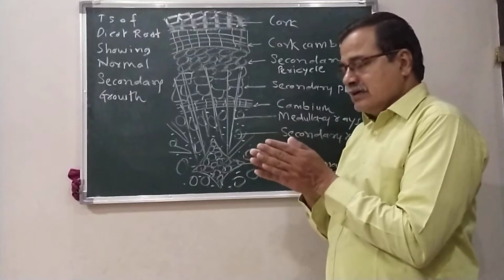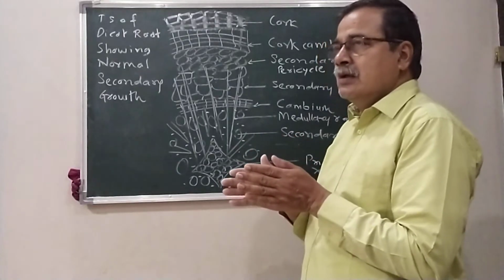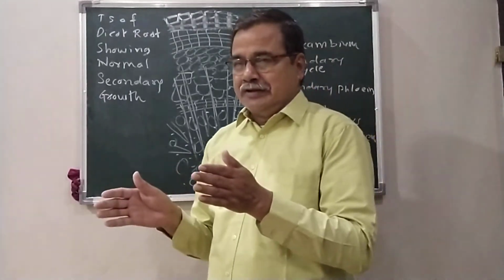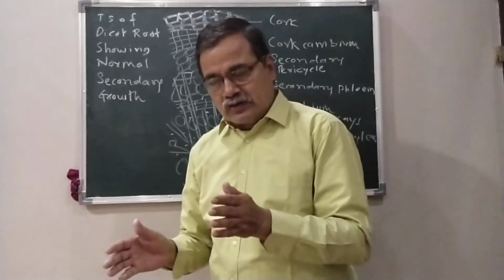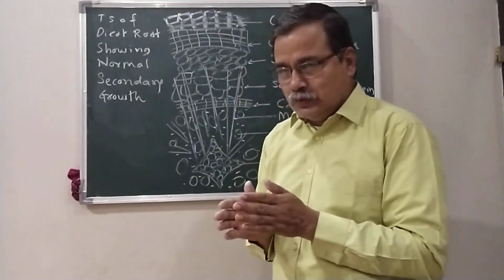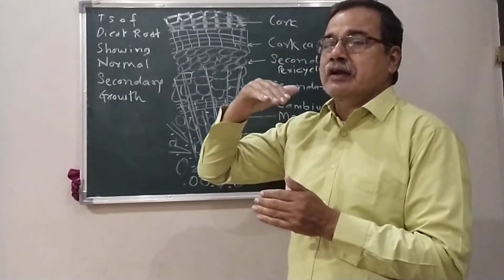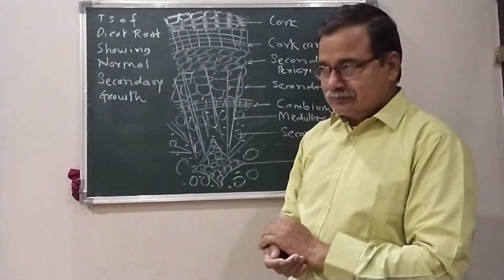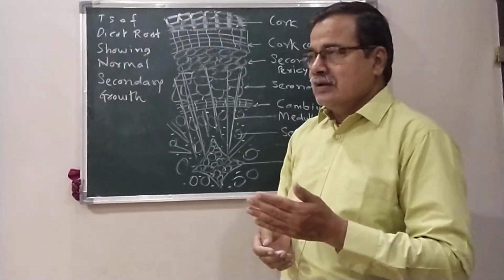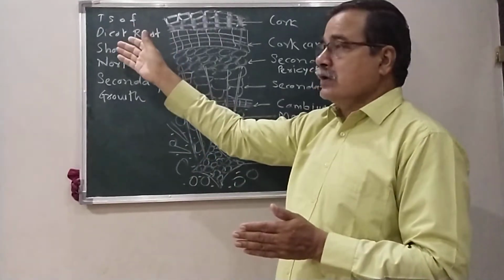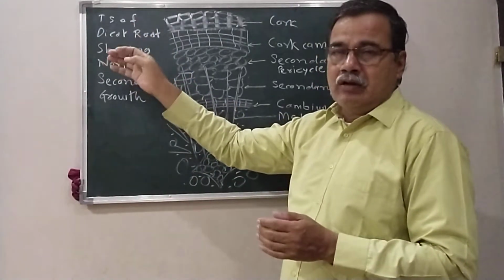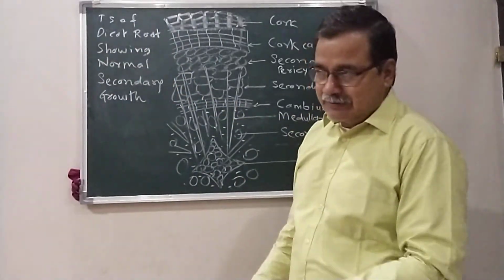From the central solid core, the size goes on increasing, thickness goes on increasing, diameter goes on increasing, due to which pressure is created on the cortex and epidermis. Therefore, here non-vascular development or extrastelar development takes place.